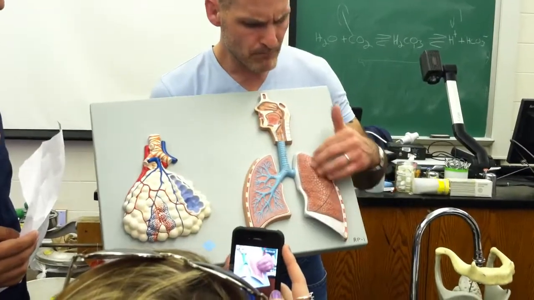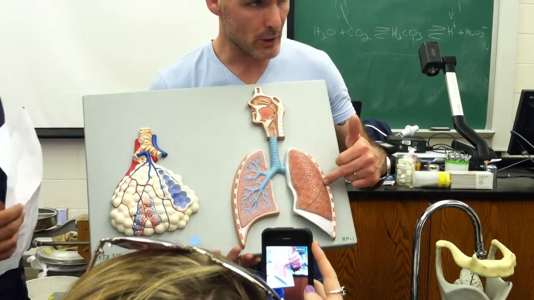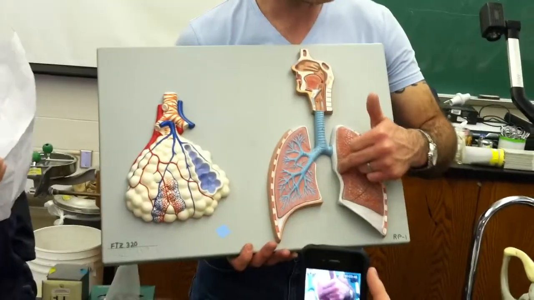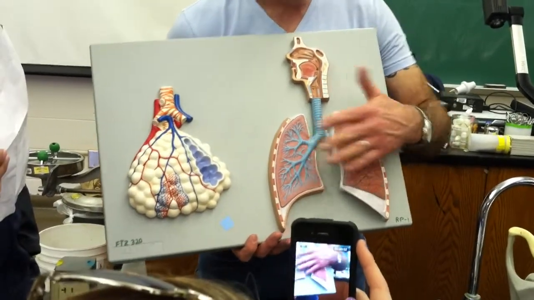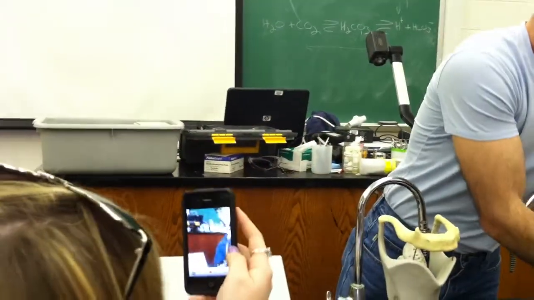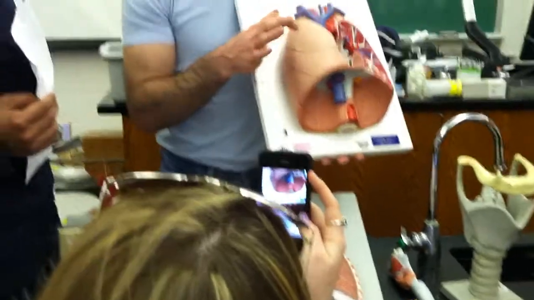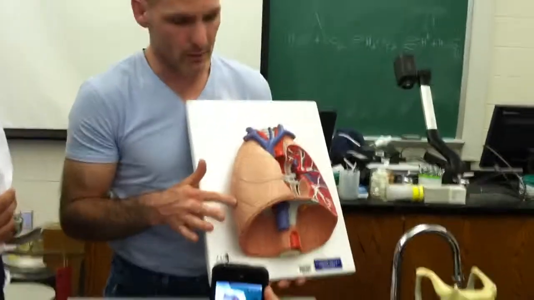Over here on the left, you notice that the left lung has an upper and a lower lobe separated by an oblique fissure. It also has a little space missing where the heart sits, so it's called the cardiac notch. Right? Now the right lung, which they don't show on this model, actually has three lobes, three macroscopic divisions. You have an upper, a middle, and an inferior lobe separated by a horizontal and an oblique fissure.